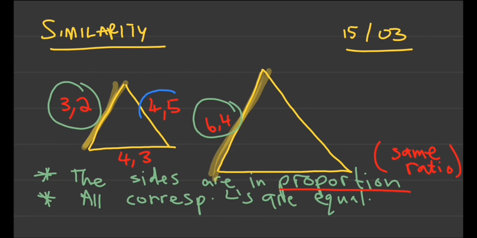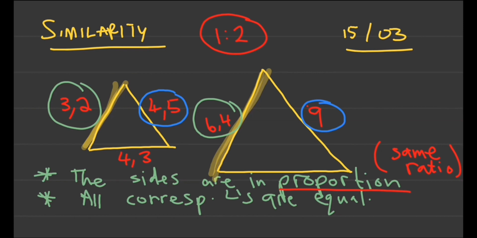If this one is now 4.5, then this one has to be 9, because the ratio is 1 to 2. We're following that from the first ratio being 3.2 to 6.4. If you simplify that ratio, you get 1 to 2.